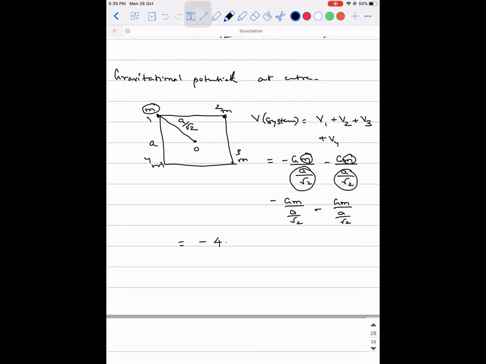So minus 4 times Gm divided by A by root 2, which implies it is minus 4 root 2 Gm divided by A. Got it?